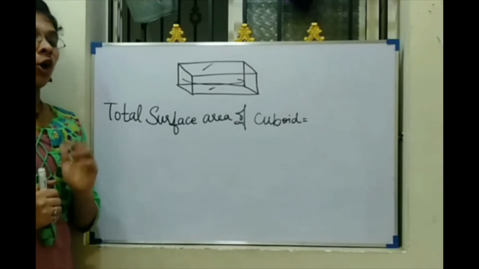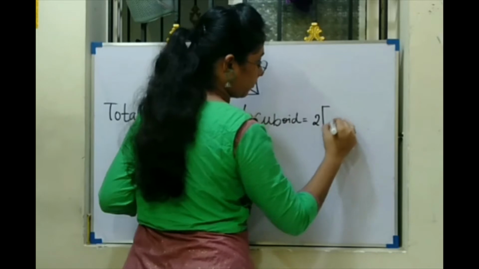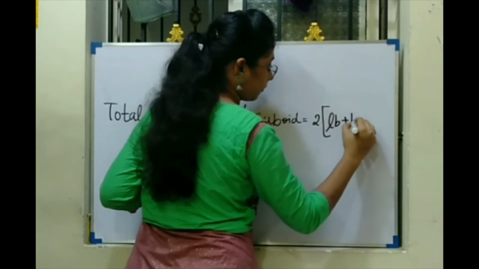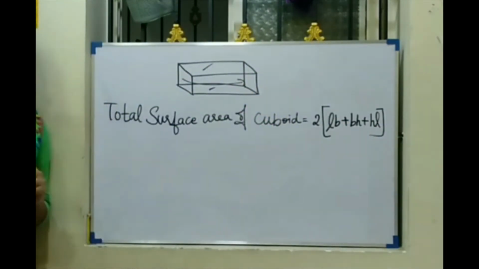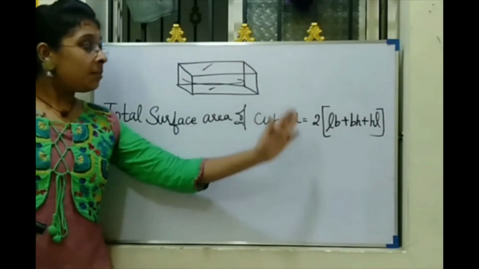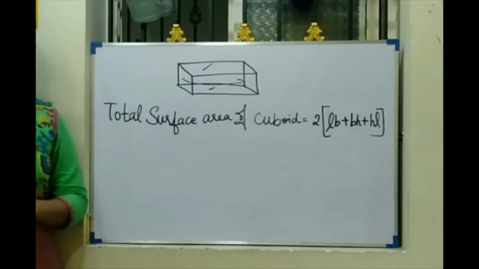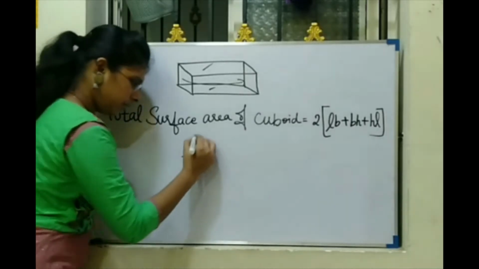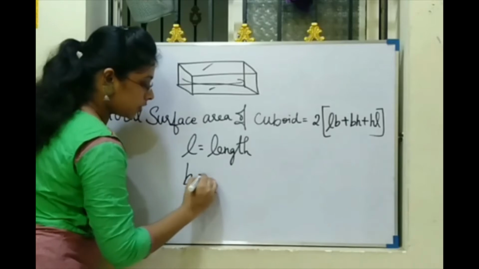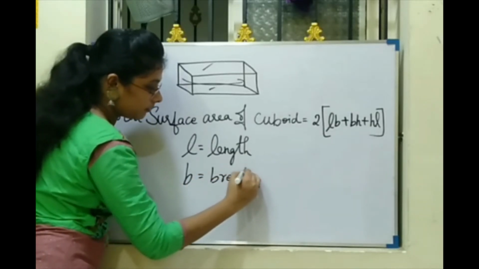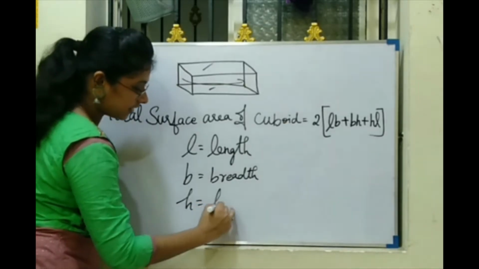Total surface area of a cuboid. The formula is 2 into LB plus BH plus HL. What do you mean by L, B and H? You may ask a question. Here, L refers to length, B refers to breadth, and H refers to height.